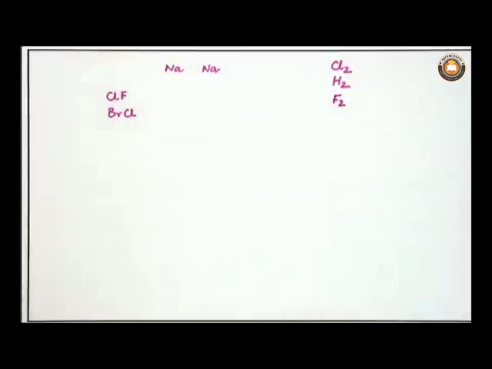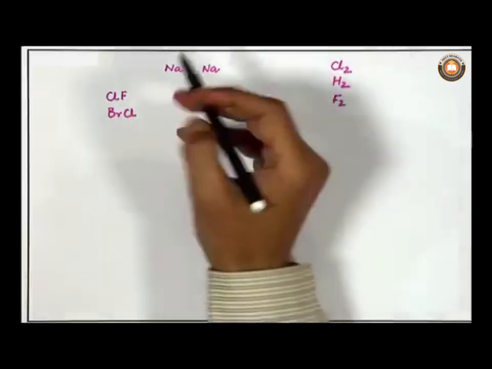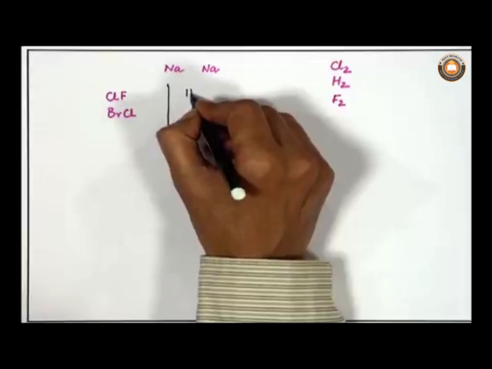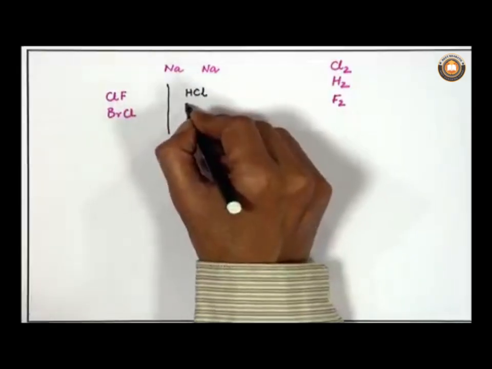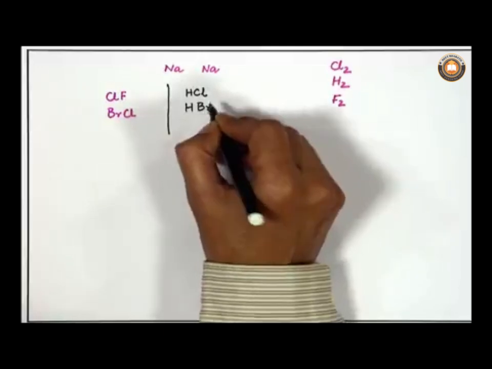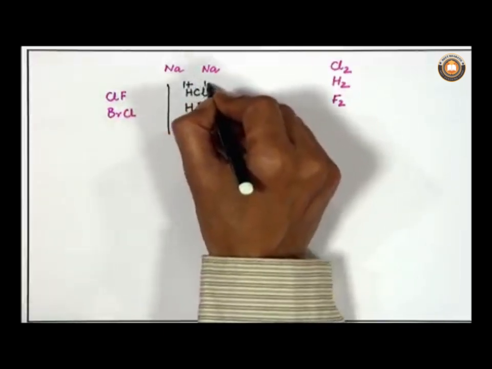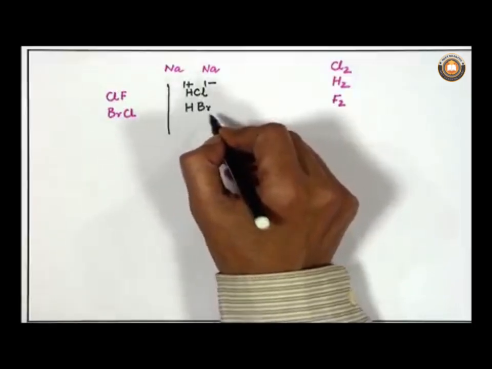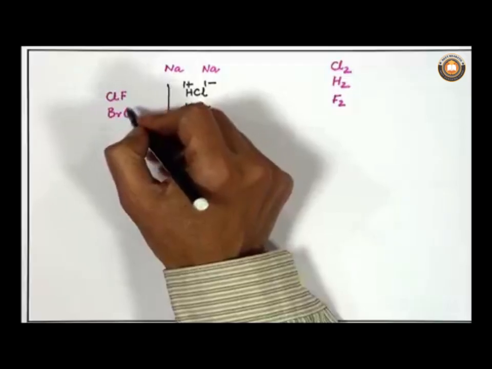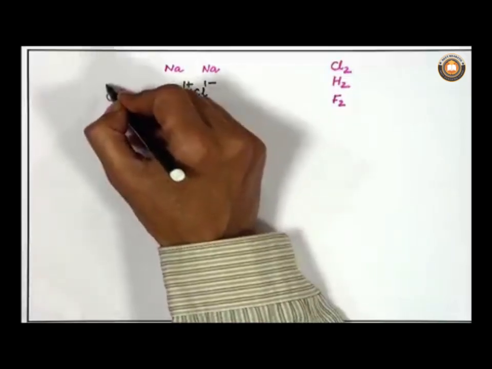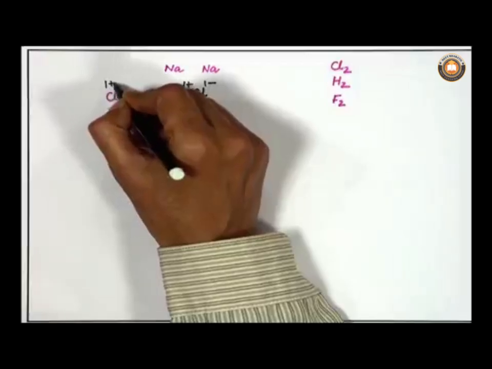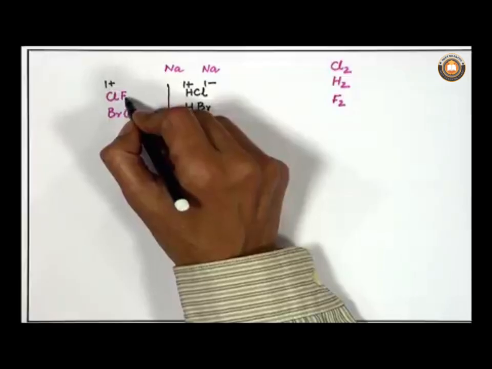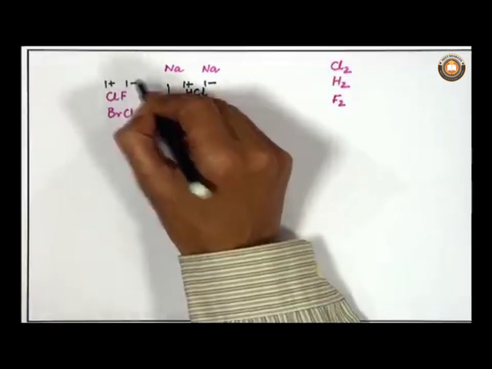If we look at the corresponding electronegativity values, we have already seen side by side how HCl or HBr behave: this will be 1 plus, this will be 1 minus. Similarly, for HBr it is 1 plus and 1 minus. But what about ClF? In this case, Cl will be 1 plus, not 1 minus, because of the electronegativity difference from fluorine. So, fluorine will acquire the 1 minus charge.